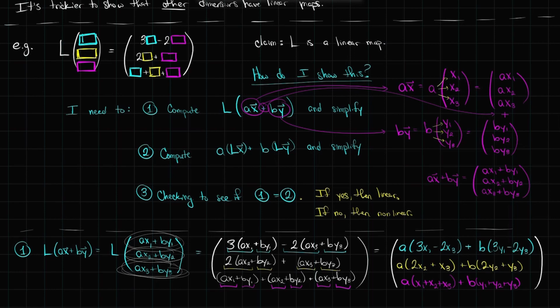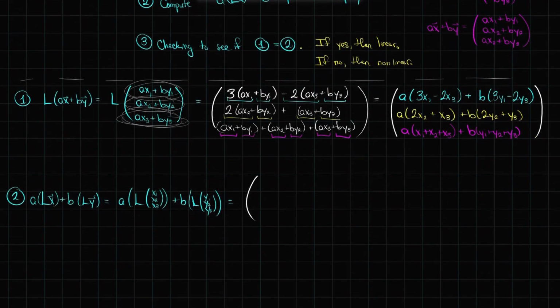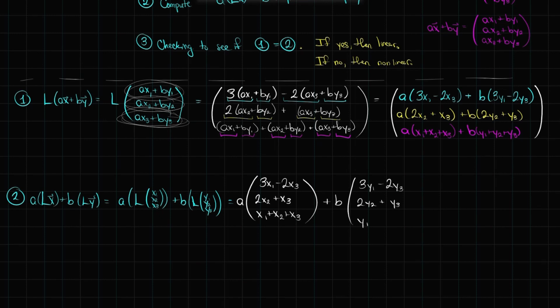So what I end up with is an A times 3x1 minus 2x3. I have a 2x2 plus x3, and I have an x1 plus x2 plus x3. The same occurs for B along with the y's. I have a 3y1 minus 2y3. I have a 2y2 plus y3. I have a y1 plus y2 plus y3.